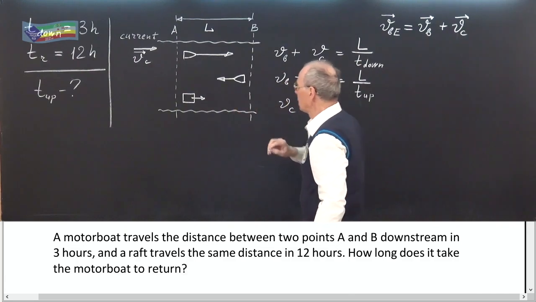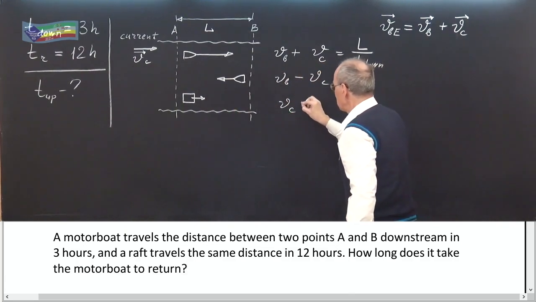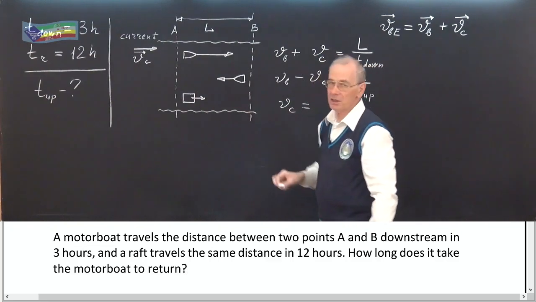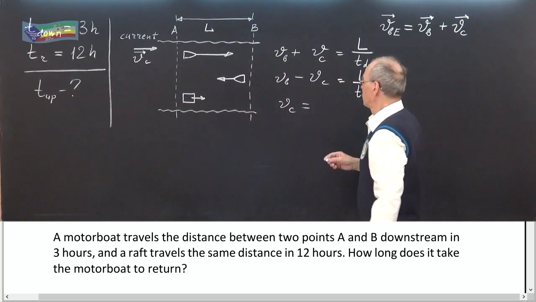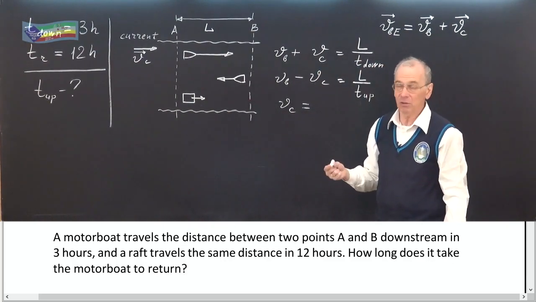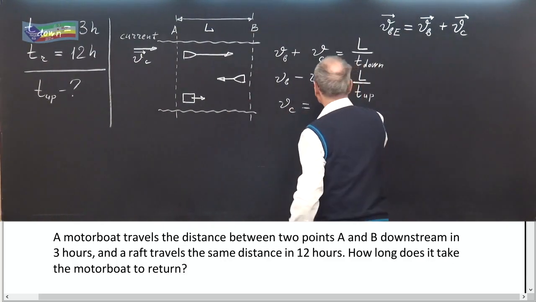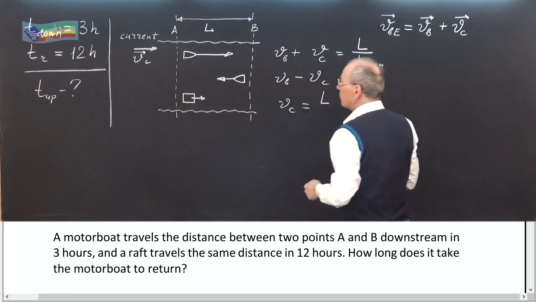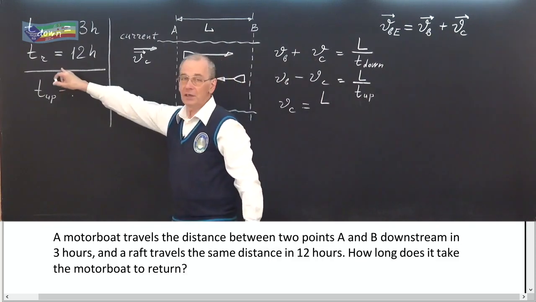And at last, the velocity of the current and the velocity of the raft are the same, and we can write for the speed. Speed is a magnitude of velocity. Speed of current equals distance L divided by T raft.